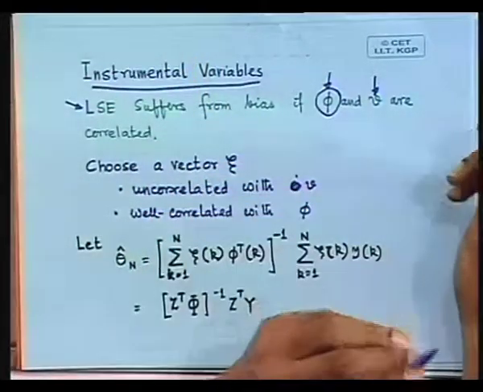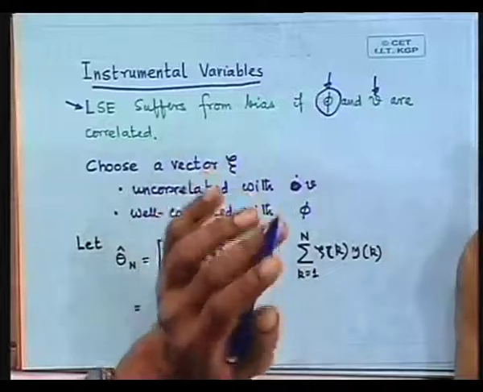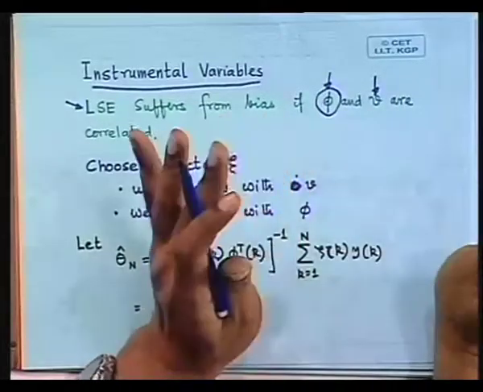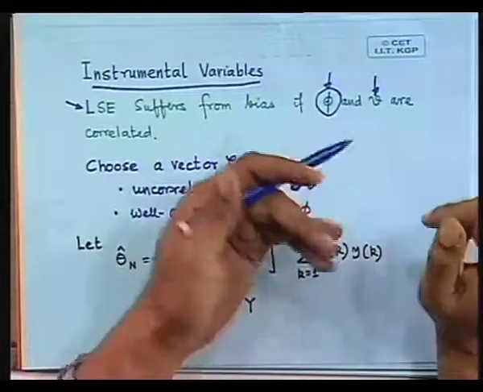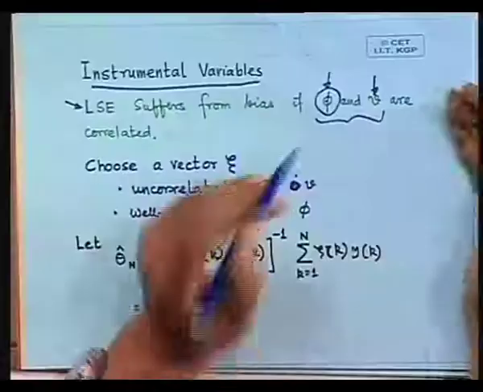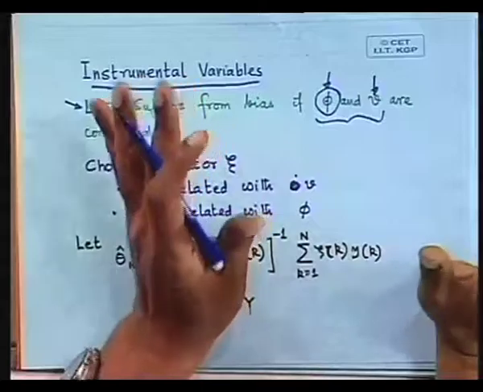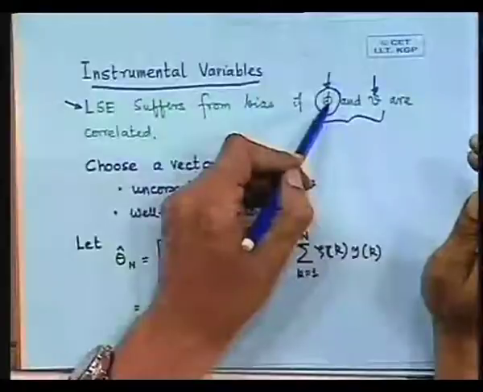So the question is, can you not use some other vector in place of phi? Now what do you have to ensure there? What sort of a vector should you choose? Firstly, they must be uncorrelated, so you have to choose this new vector in such a manner that the vector and v will be uncorrelated. Fact number 2 is that in your least square estimate you have something like phi transpose phi inverse. That inverse should not get disturbed, right? So phi transpose phi inverse should not suddenly become very large.